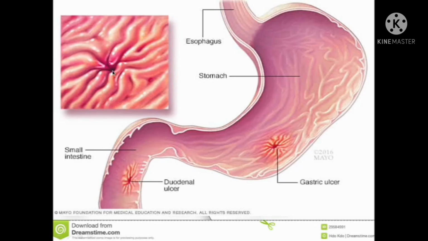There's a hole there, and it results from the influence of Helicobacter pylori. So always remember that Helicobacter pylori is a bacteria that induces the sore in the endothelial lining, leading to stomach ulcer or peptic ulcer.